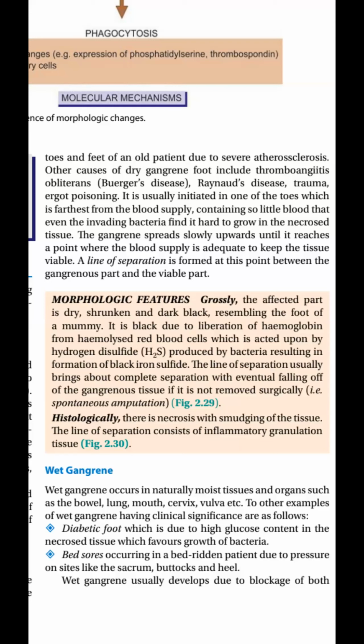There are two reasons it is black: there is no supply, and there is nothing to keep it viable. Everything has been destroyed over there. There is no red blood cell, no sodium, potassium, anything. Everything looks like a burn, or there is a little pus formation, but majorly they are dry in state. The line of separation usually brings about complete separation, with eventual falling off of the gangrenous tissue if it is not removed surgically.